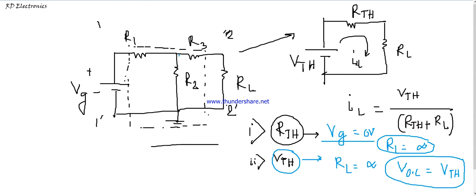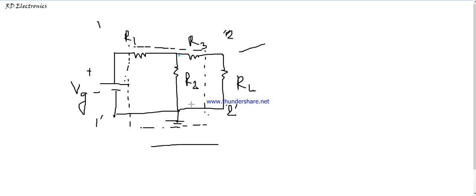So now at first we measure the RTH. How do we calculate the RTH?